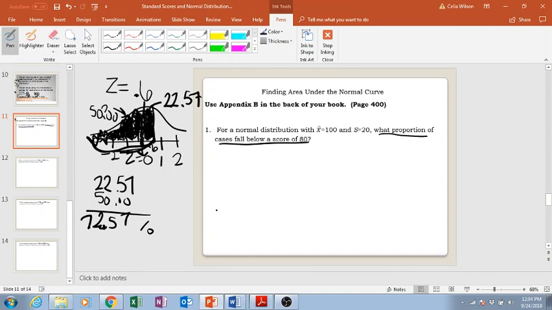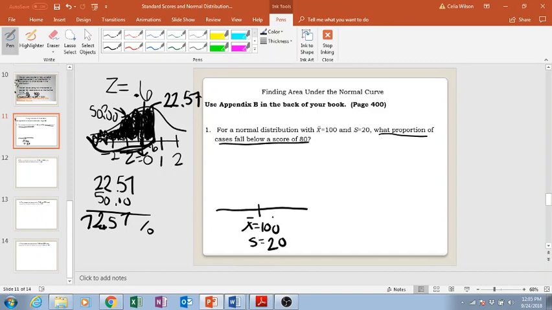All right, well, I'm going to draw it because I love pictures and they help me think my way through it. So if I have a distribution and it has a mean of 100 and a standard deviation of 20, it wants to know what proportion of cases fall below a score of 80.